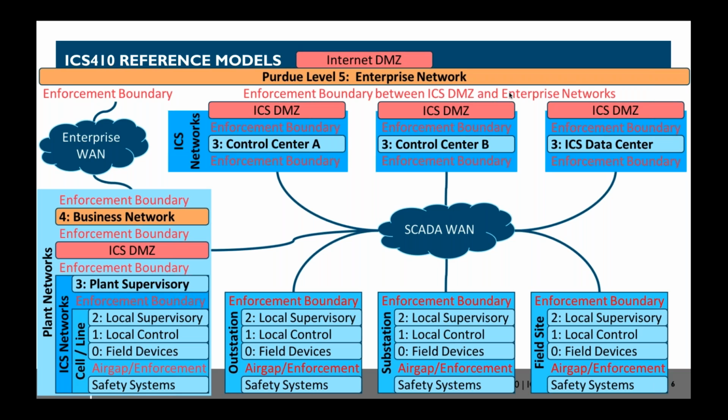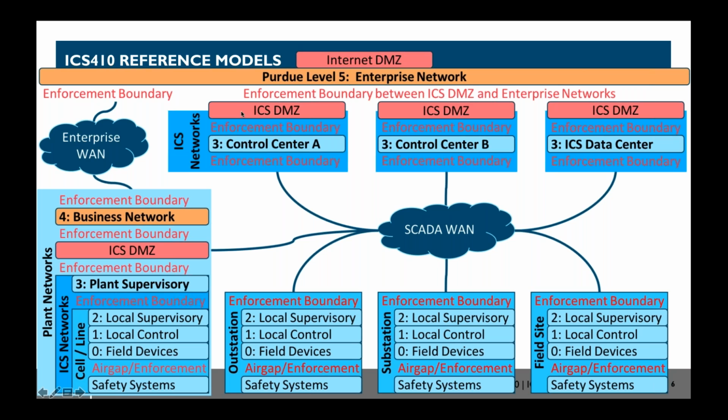Okay, so if I look at this at the very highest level, up here at the very top where this internet DMZ is, right, that's the external perimeter for the company. PURDUE level 5 would be the enterprise network and all the enterprise services that are being provided to the company. And then below that, we end up having several different sites, right, with ICS or control traffic.